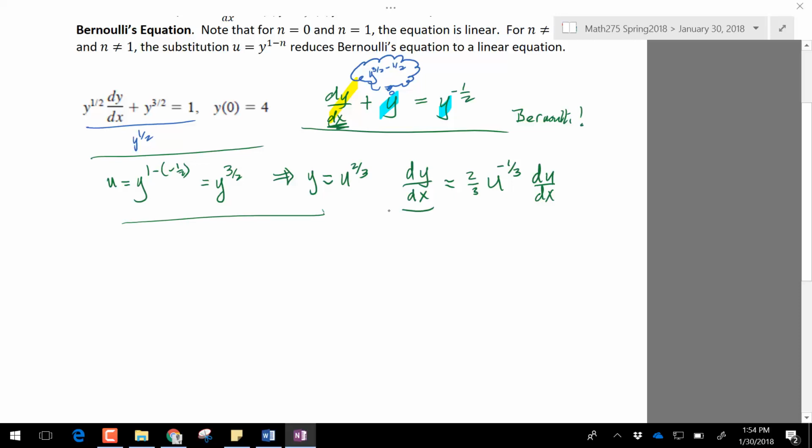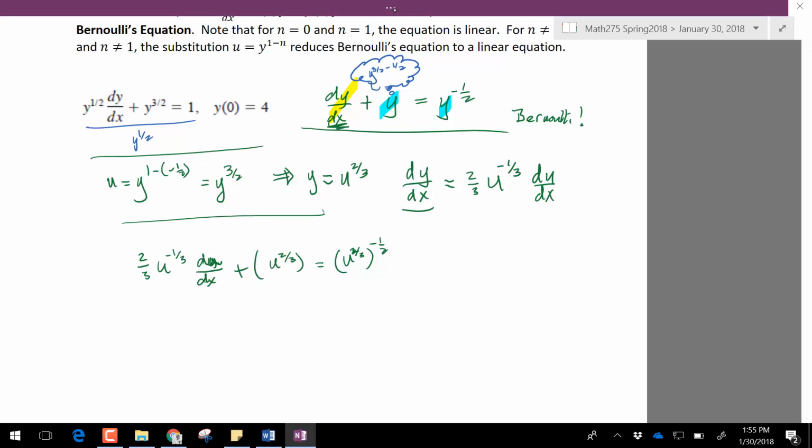So our substitution gives us 2/3 u to the negative 1/3 power du dx plus y, u to the 2/3, is equal to y, u to the 2/3 raised to the negative 1/2 power.